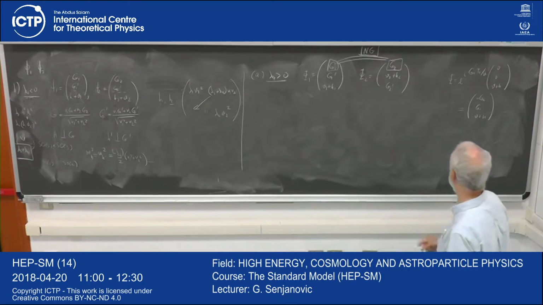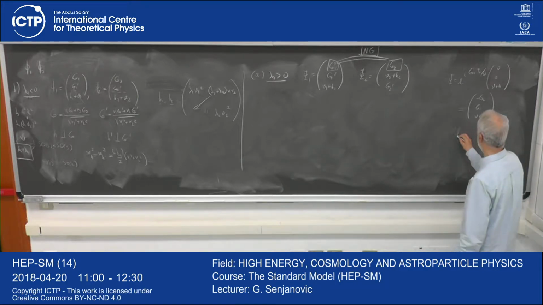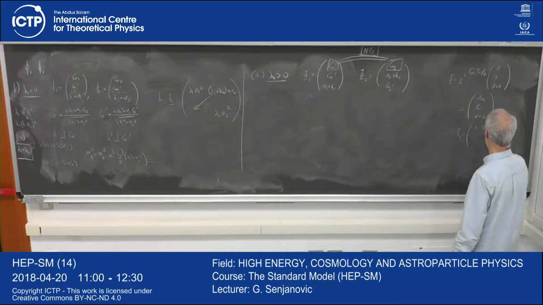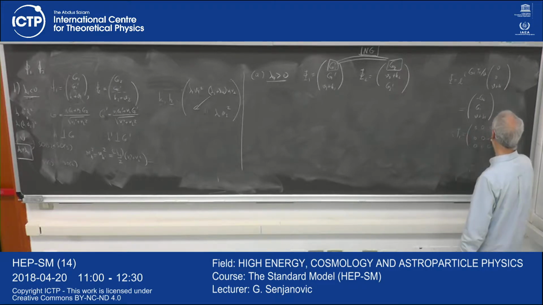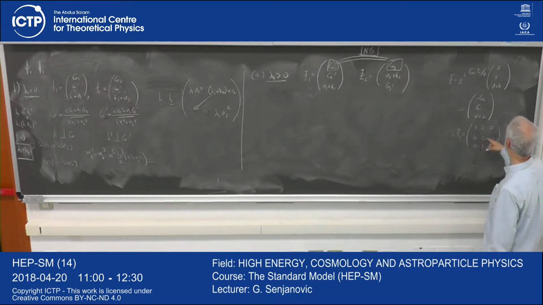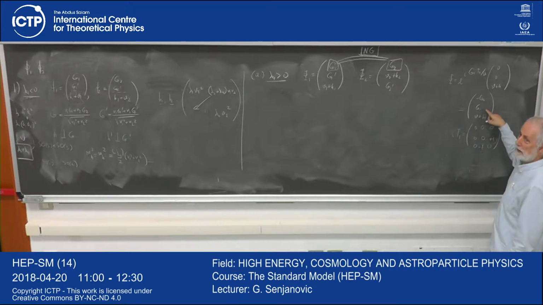I'm pretty sure. Just to remind you, T1 is 0, 0, 0, minus i, 0. So iT1 will have plus 1 here and minus 1 there. So T1 will leave the guard here; it's the second row when I multiply.